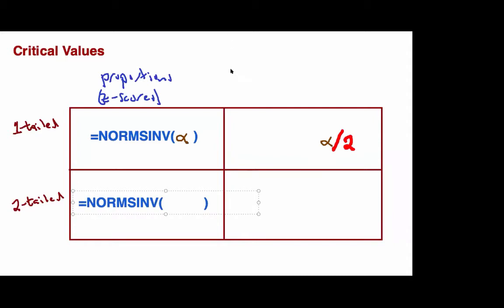So let me redraw that again. So we have alpha divided by 2. And the rationale for this is that if there's a two-tailed test, alpha is our significance. That's the area that is in the critical region, or the probability of being in the critical region if the null is true. But we have to divide that over the two tails, so that's why we have to divide this by 2.